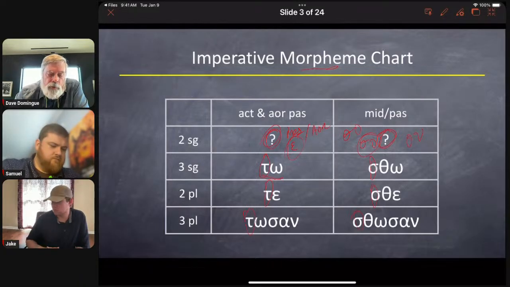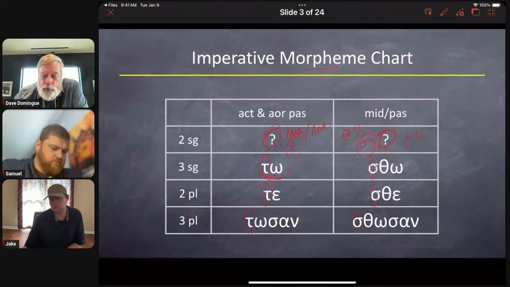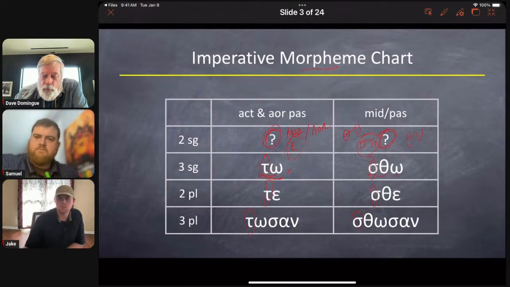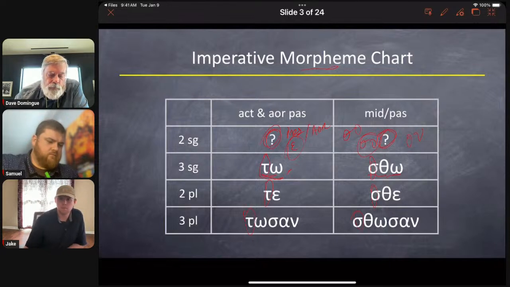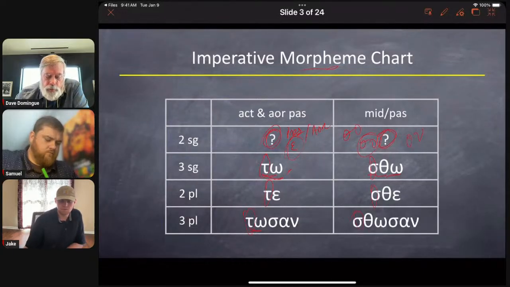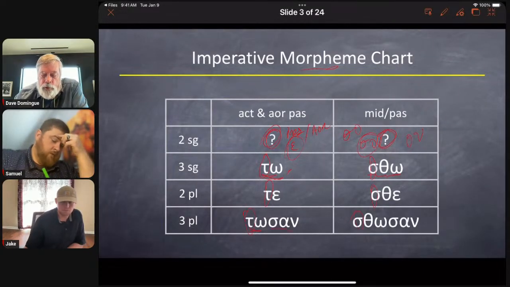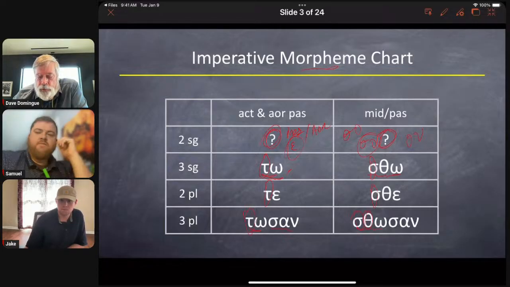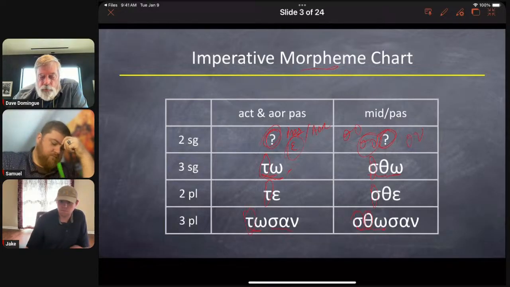The tau omega is our third person singular. The sigma theta omega is our middle passive form. And our third person plural, the tau omega with the sigma alpha nu, and in the passive the theta with the sigma theta omega, just like our third person plural here with the sin.